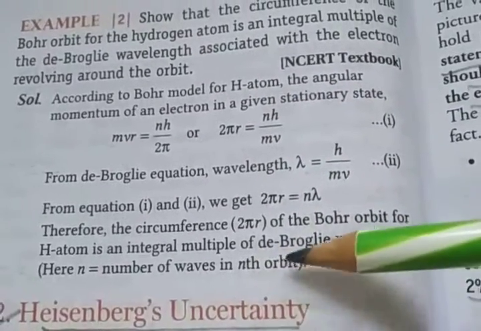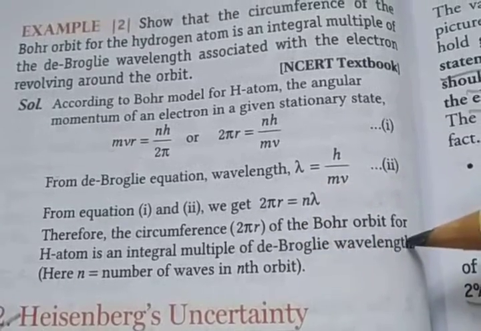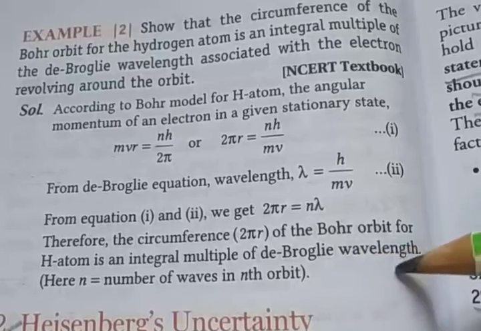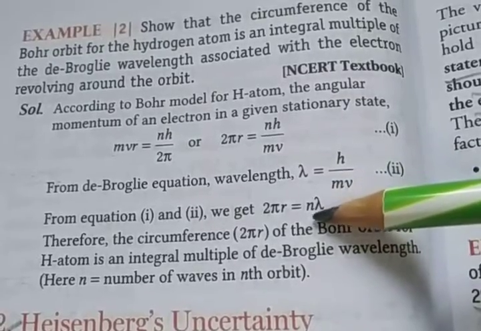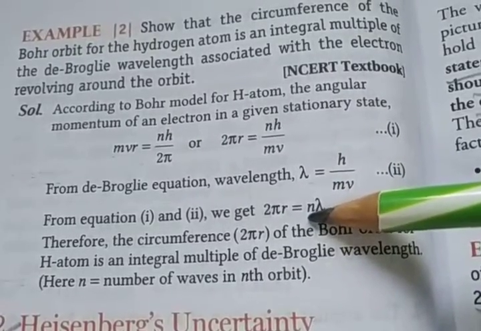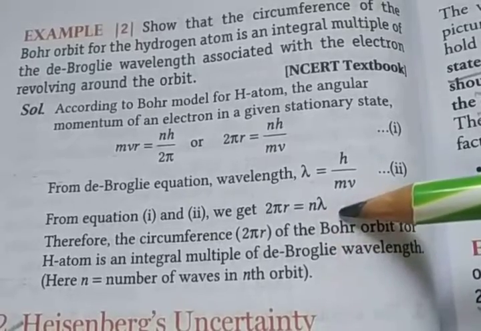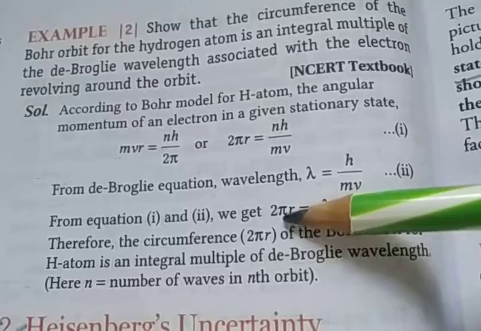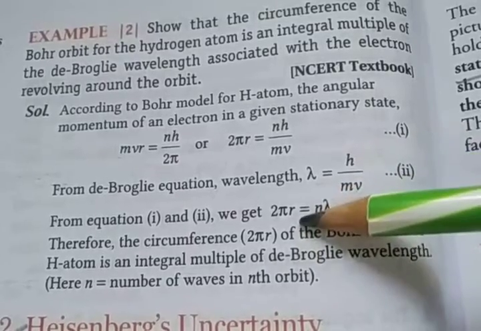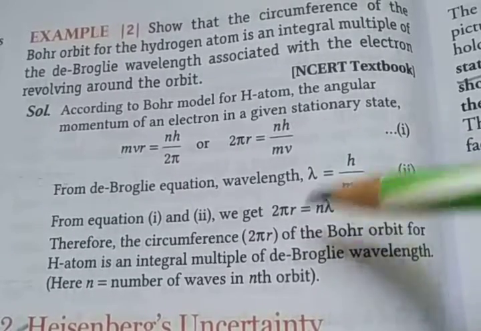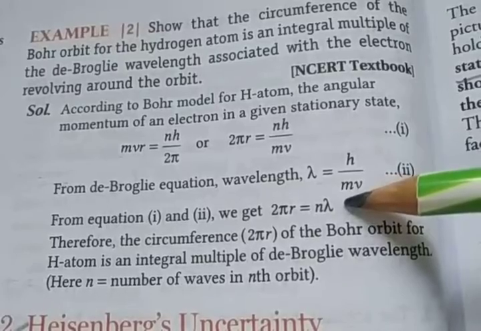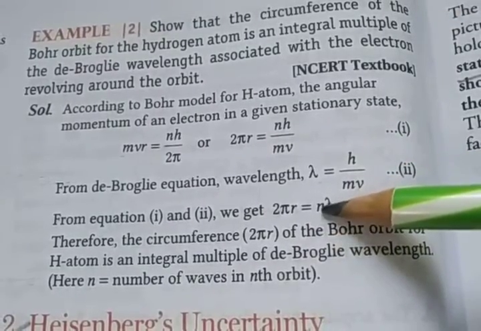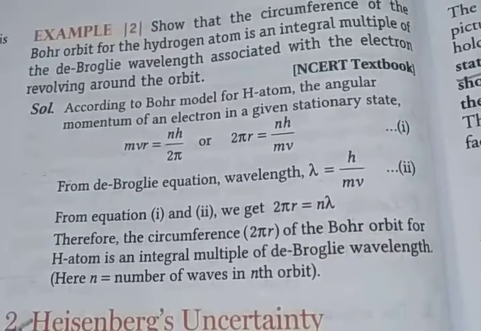So therefore the circumference 2πr of the Bohr orbit for hydrogen atom is an integral multiple of the de Broglie wavelength. Here small n is the number of waves in the nth orbit, and λ is the de Broglie wavelength.